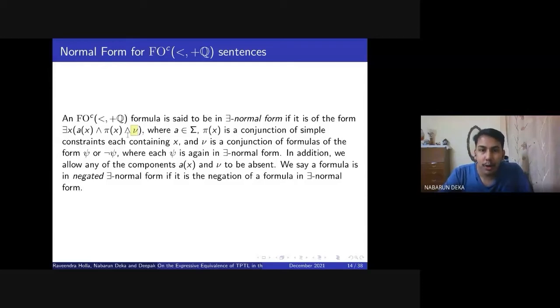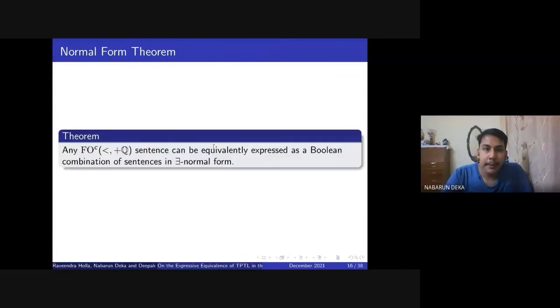So now we want to state the following theorem, that any FOC sentence can be equivalently expressed as a Boolean combination of sentences in exist normal form. We'll illustrate with an example how one does this.